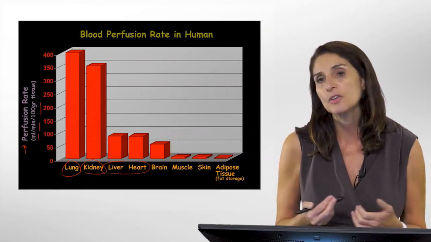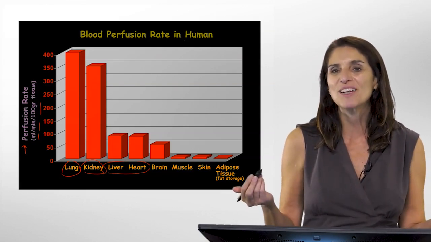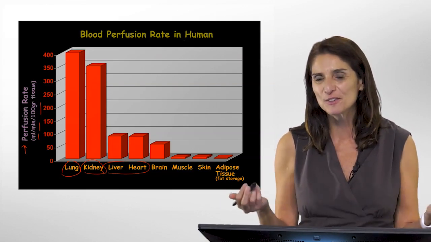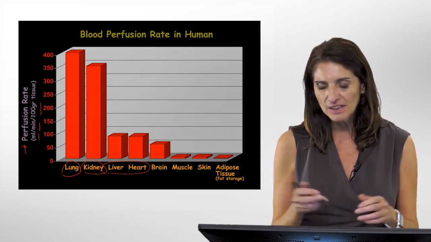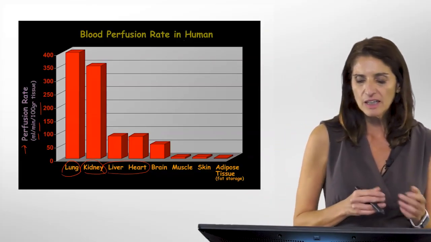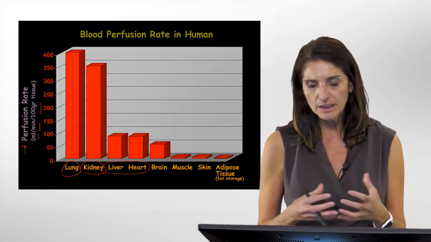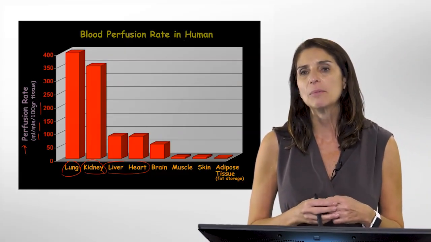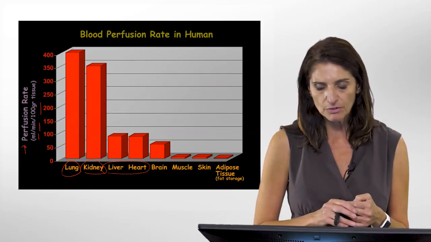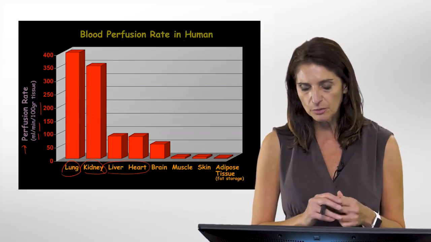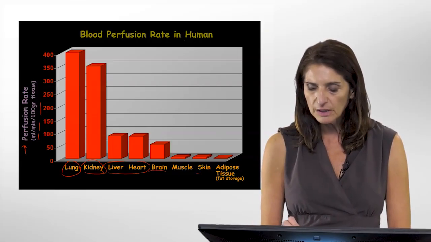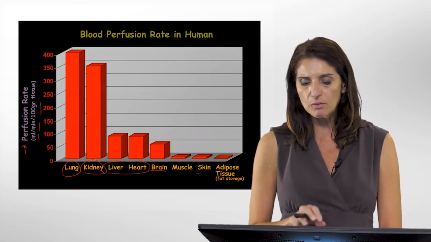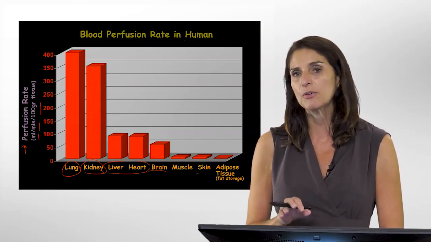And the heart also, well, all the blood has to go through the heart in order to be distributed to the other organs. And also the heart needs to be maintained with a very high metabolism, which is why the perfusion rate needs to be high. Same for the brain. Muscle, skin, and fat are perfused at a much lower rate.